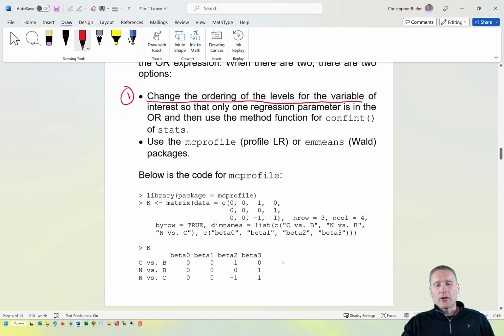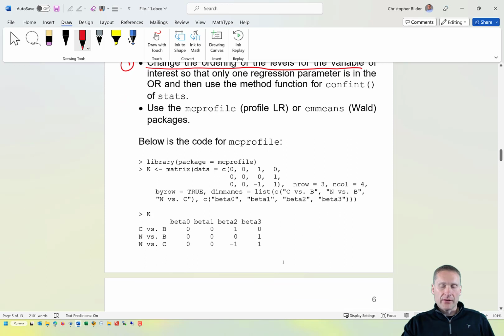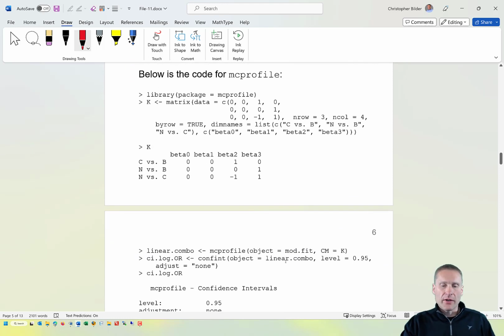Now, a more general, maybe better way to do this process is to use the mcprofile package or the emmeans package. Let's talk about how we can do that here. With the mcprofile package, remember what we need to do is first find a coefficient matrix, or you could say a K matrix in my coding.